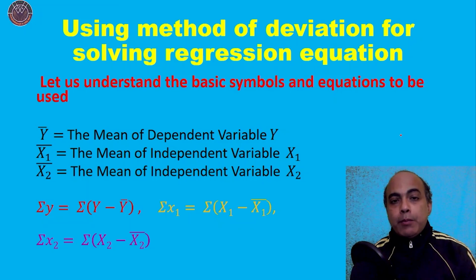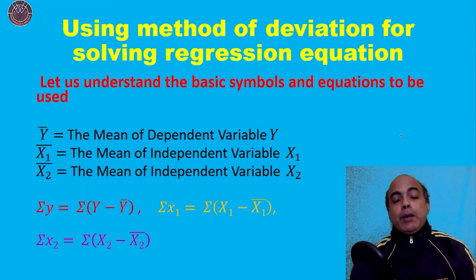That problem I have already solved in the previous video. But in this video the number of independent variables has increased, and in the next stage, when you take three or four independent variables, it may become more complex.